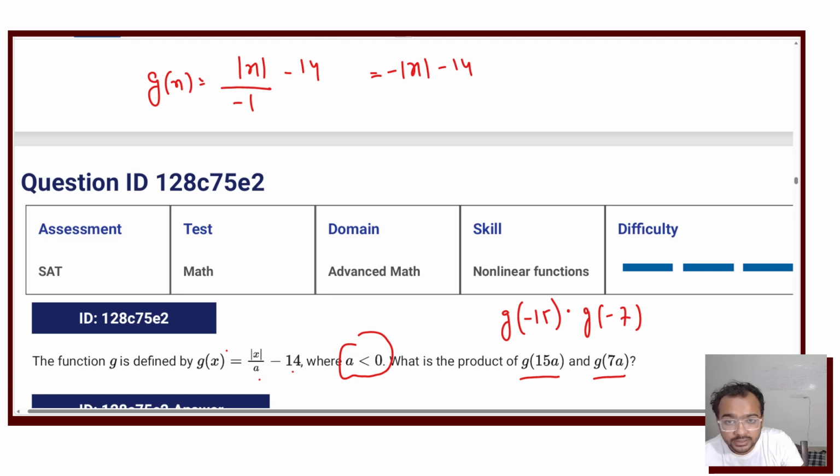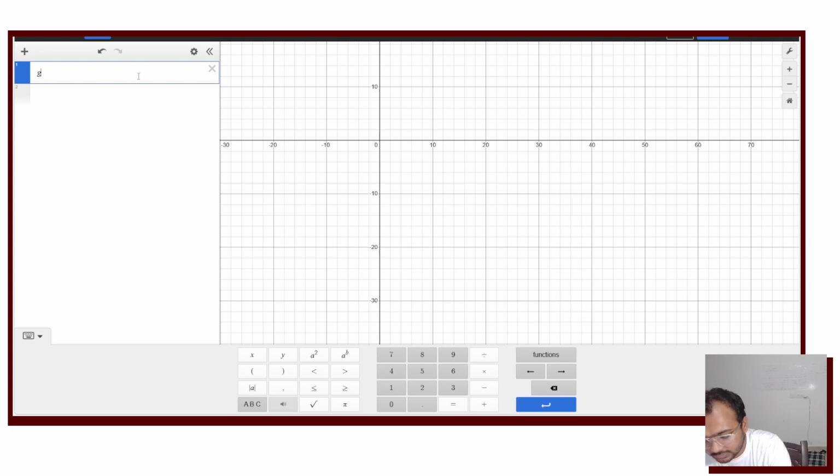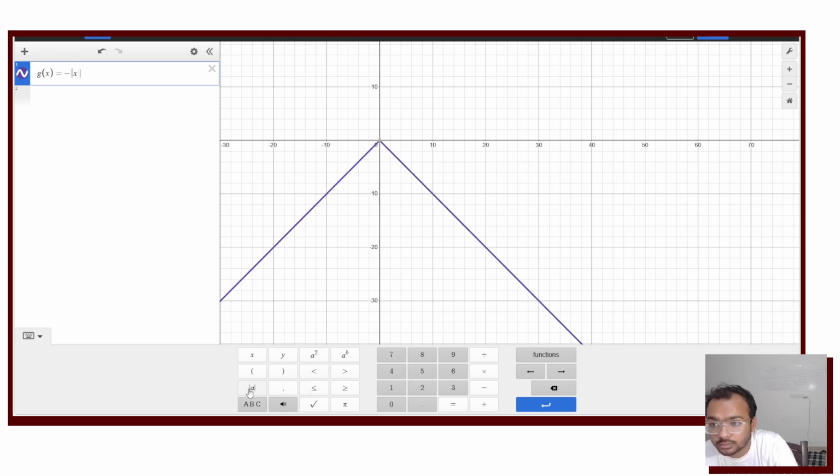So again, now I can define our function here. So we have g of x equal to negative absolute value of x, minus, and what was there?